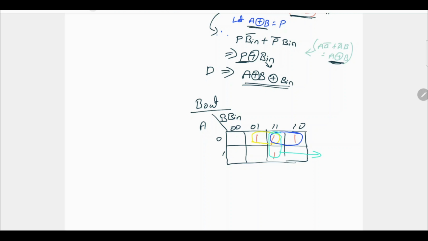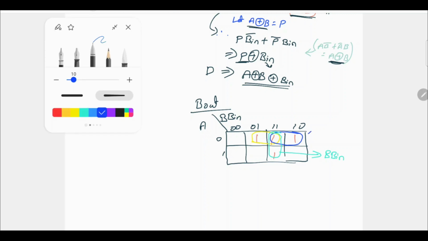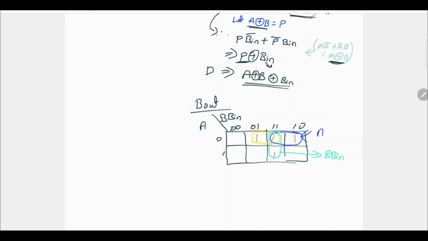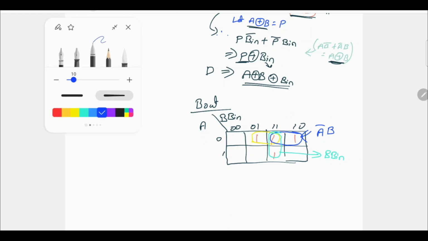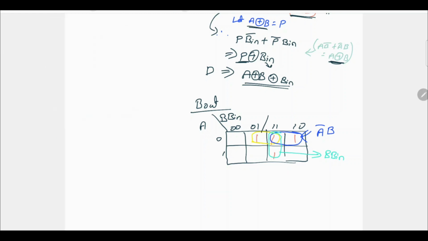The value of the light blue group is B in, the value of the dark blue group is A bar B, and the value of the yellow group is A bar B in.